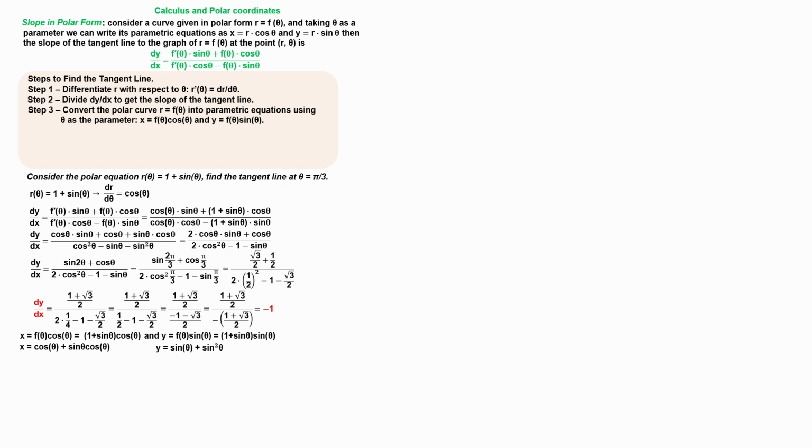Step 4. Substitute the specific value of theta into the parametric equations to find the corresponding x and y coordinates. Find the point on the curve by substituting theta equals pi over 3 in the parametric equations.